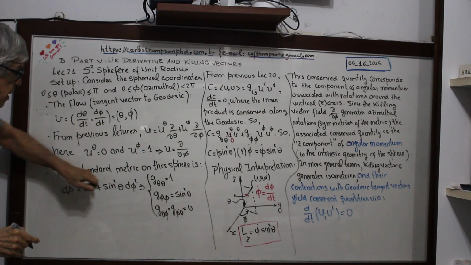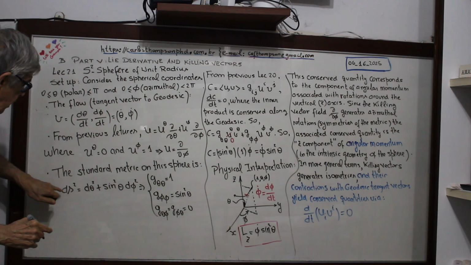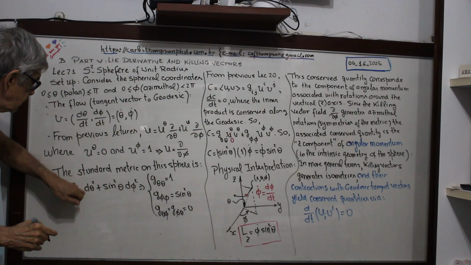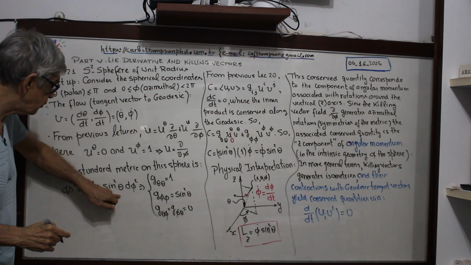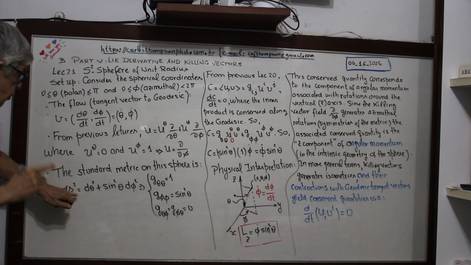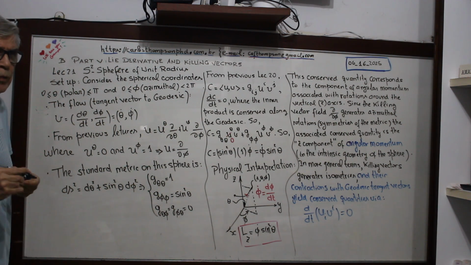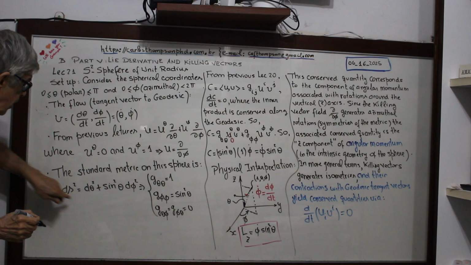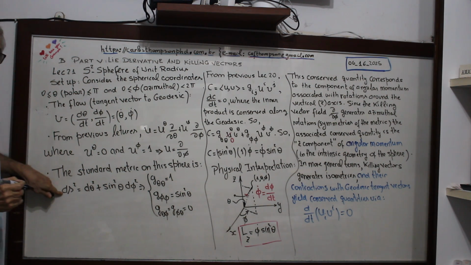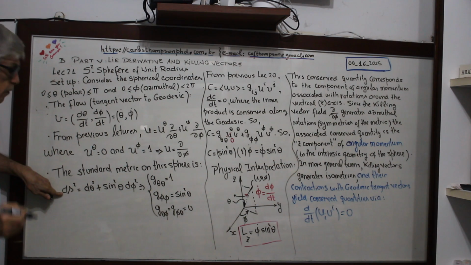So the standard metric on this sphere is ds square equals d theta square plus sine square of theta d phi square. Remember that we are working with unit radius, so in this case dr square is 0. That's why ds square applies to the sphere surface.